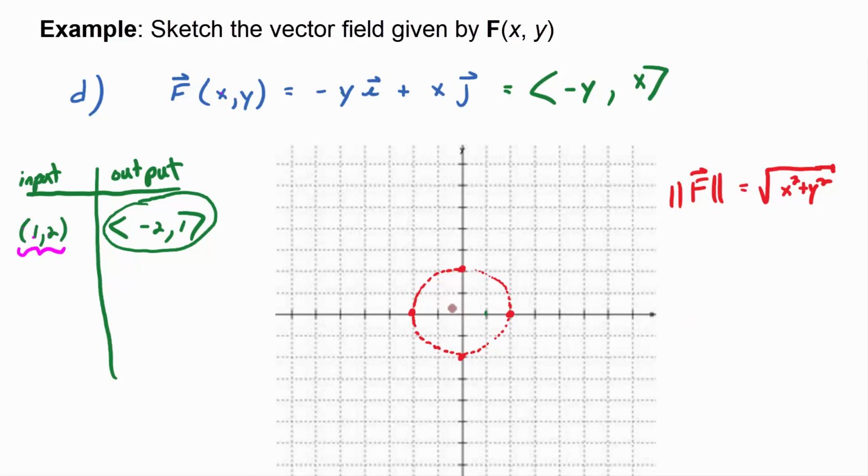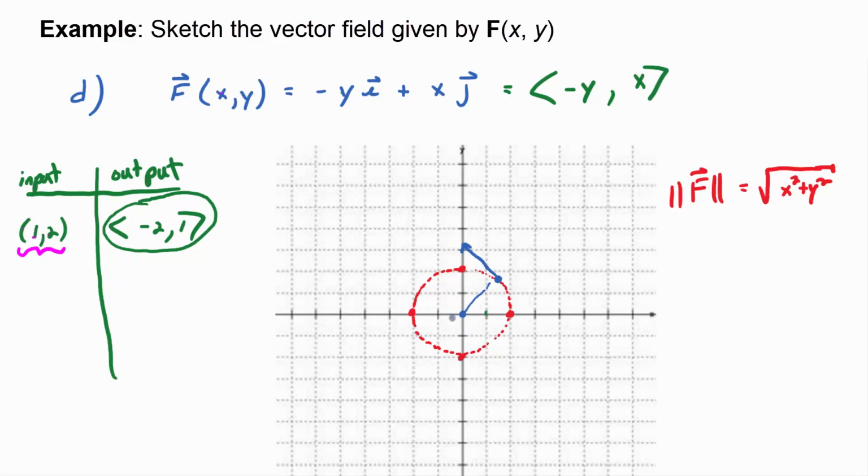And if you think about it then, any point on this circle as an input point, when you plug it into the vector field, it would, first of all, be perpendicular to any point on the circle, and it would have the same magnitude as the radius of that circle. The square root of x squared plus y squared is that radius, right?